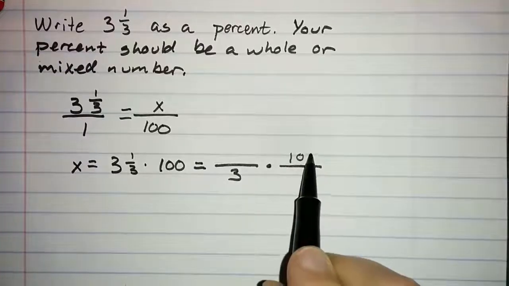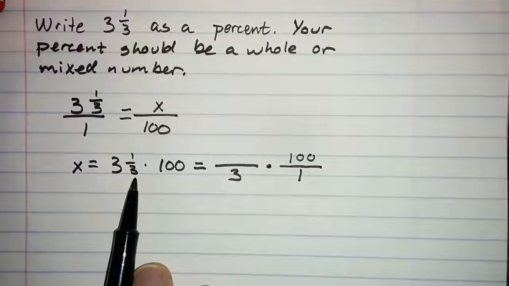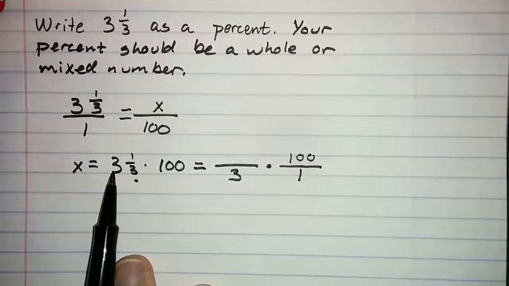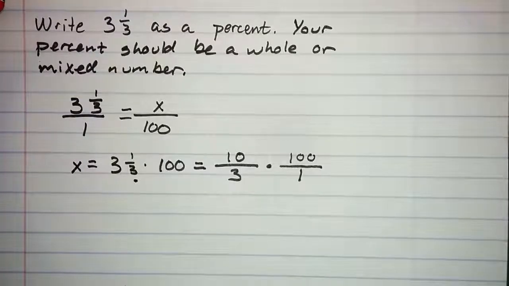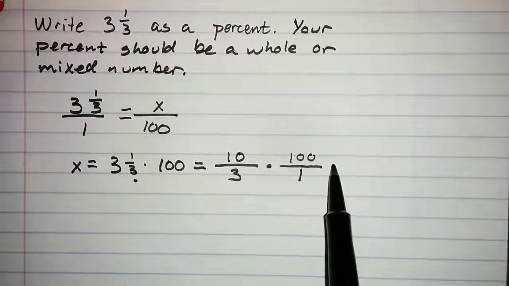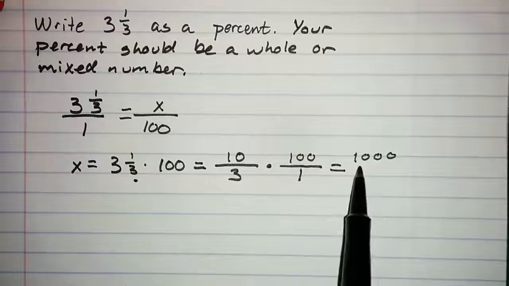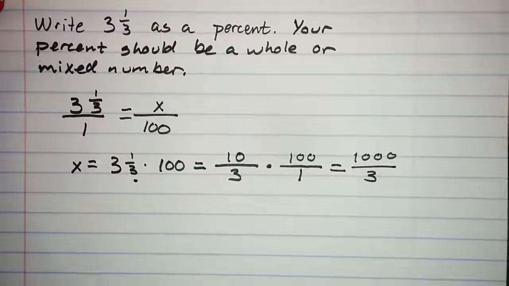And I'm going to need to write my 100 as 100 wholes. 3 1/3 is how many thirds? Well, 3 times 3 is 9, plus another 1 is 10. Well, this multiplication's pretty easy, at least. 10 times 100 is a 1 followed by 3 zeros, 1,000. So my x is 1,000 thirds.